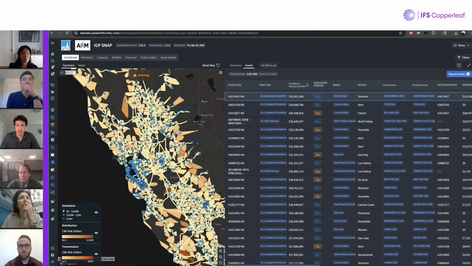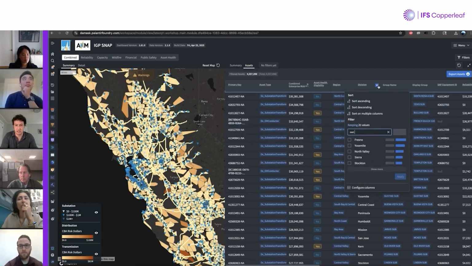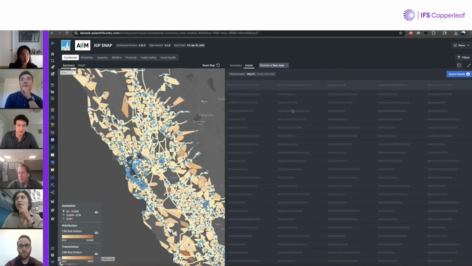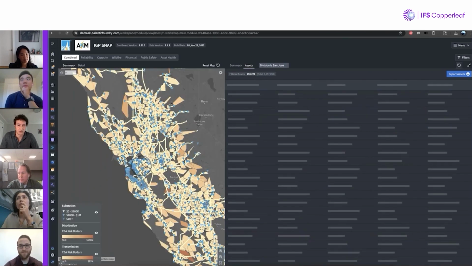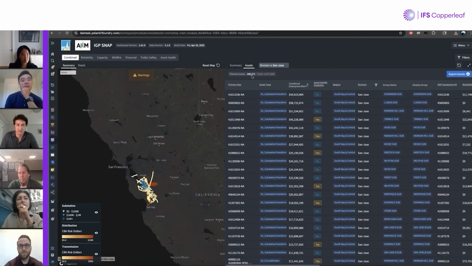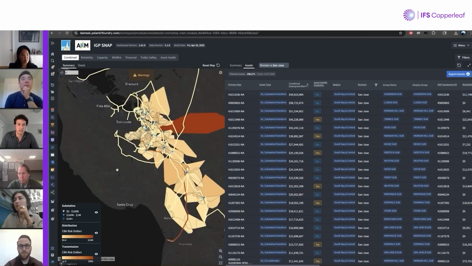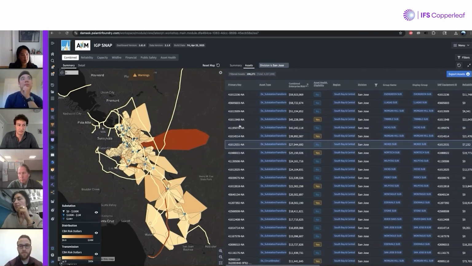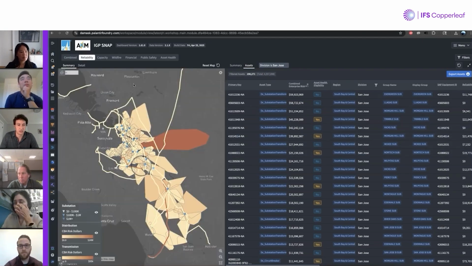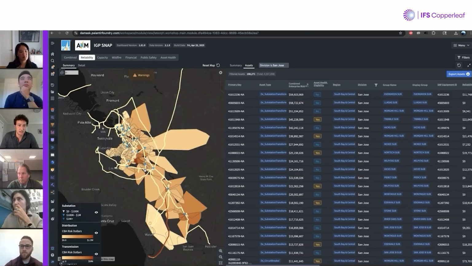Let's drill down further. I can zoom into, say, the San Jose division where I'm from, throw on some filters, and see that the total map will reduce down from about 4.5 million assets to the 200,000 that are within our San Jose division. And let's say I'm a reliability engineer, so I might want to filter over to start with to look at some of the higher reliability risk circuits.